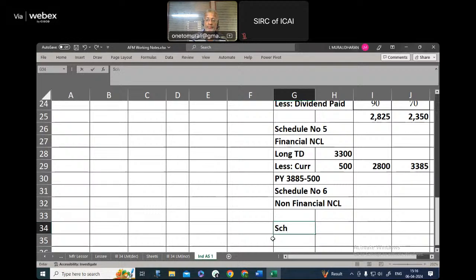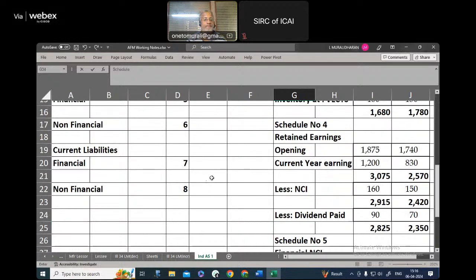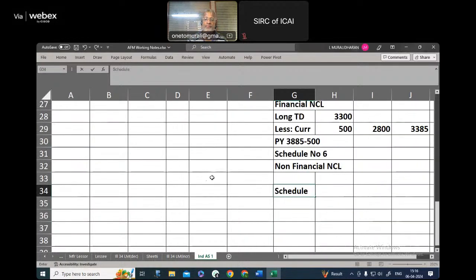Schedule number 7, current liabilities, financial.